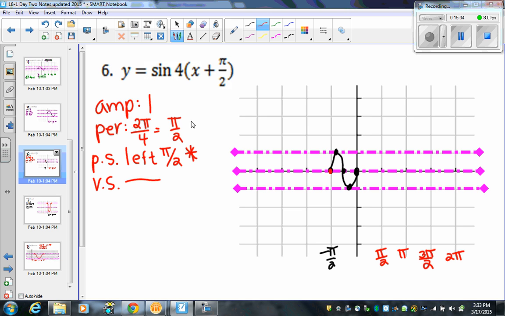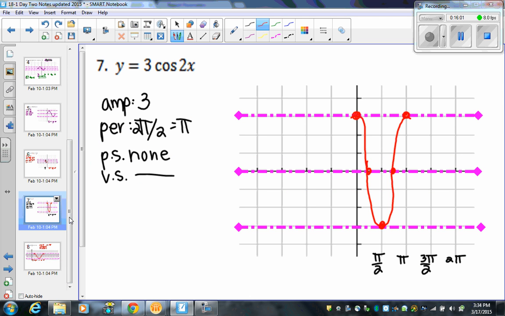I have a shortened period, so my last point is going to go pi over 2 units away from where I started. Pi over 2 units is 1 space, so my last point goes 1 space away. Halfway between, and then our high, and then our low. So this would be 1 period of our graph.